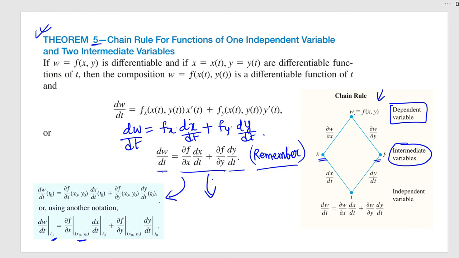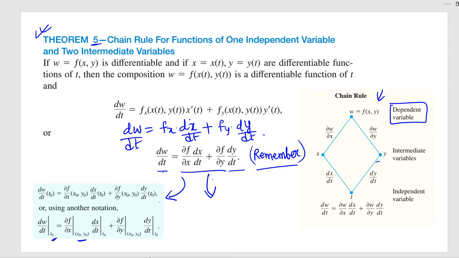You can call them independent when it is not there, because they will define this w. W is dependent on x and y, and of course these x and y are also dependent on t. In fact, what you have observed is actually correct. Yes, they are dependent variables, but with respect to whom, that is important. There is another variable, t.